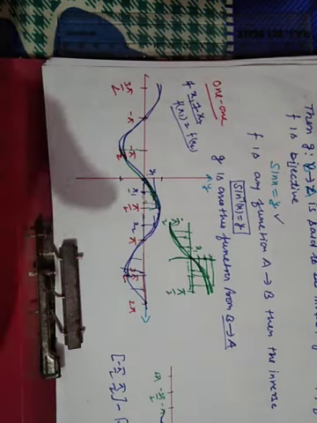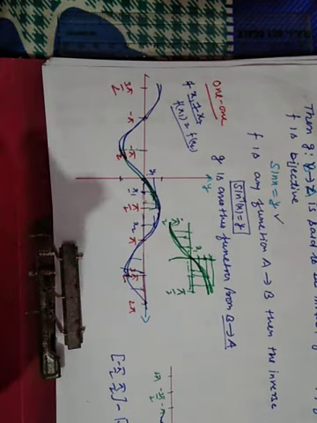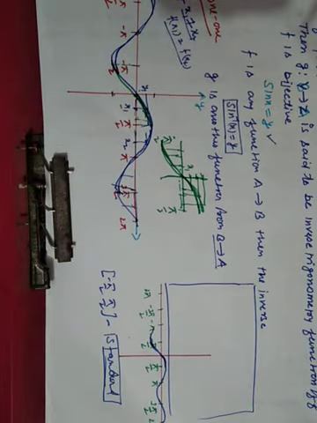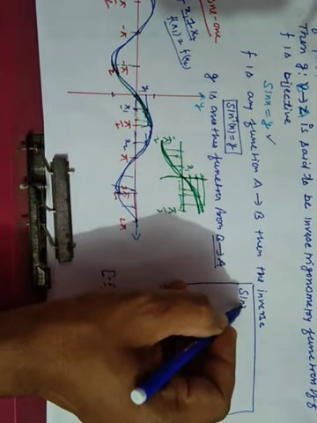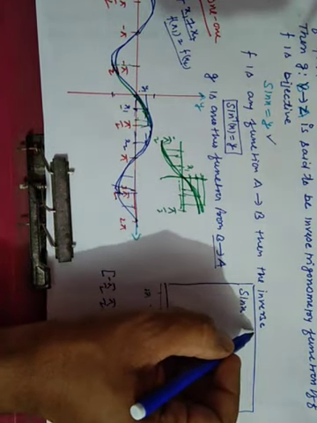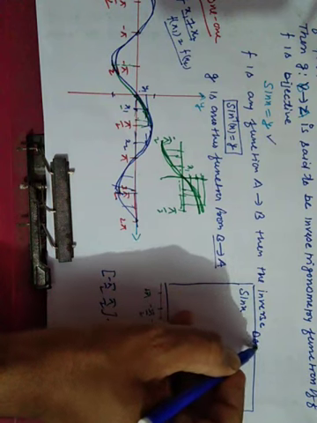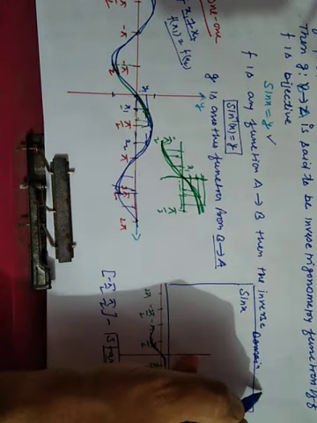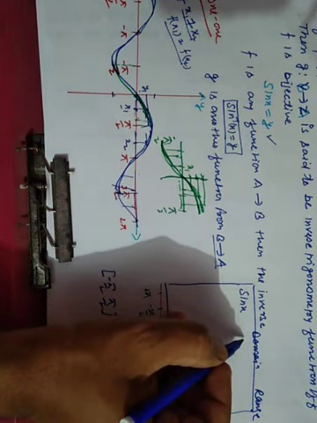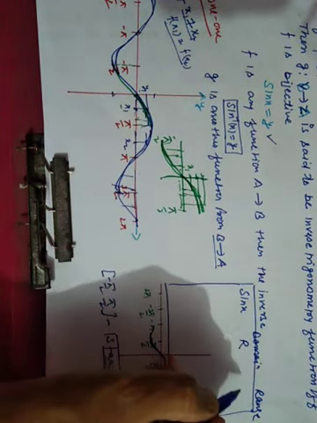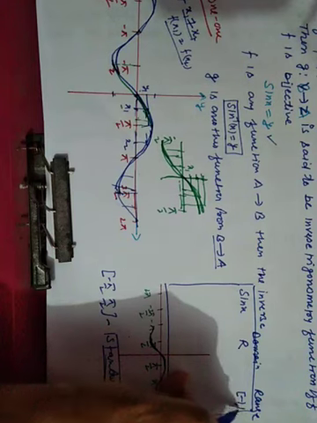So now our domain and range change. Earlier, what did we see as the domain of the sine function? For sine x, what do we have as domain and range? Domain is real numbers and the range is -1 to 1.